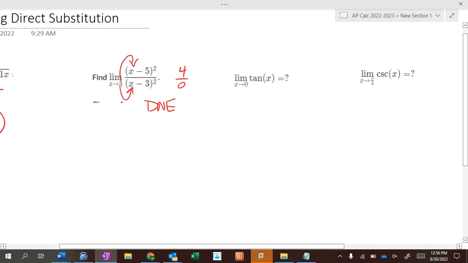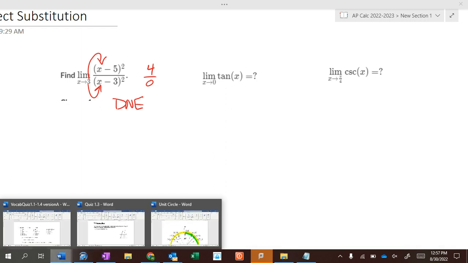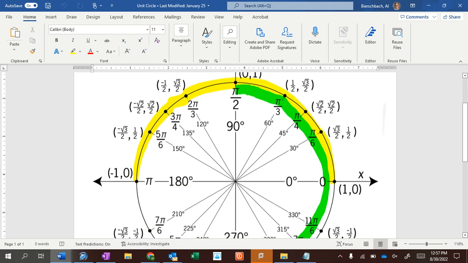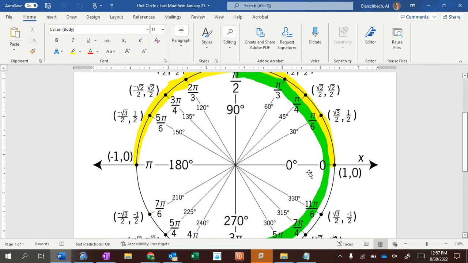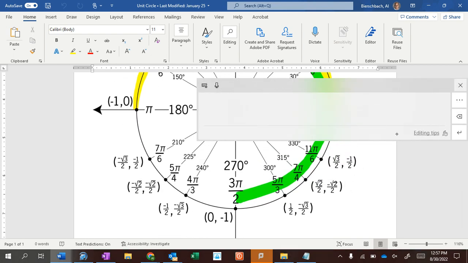Now we're to trig. Okay? So we're looking at this. What's the limit as tangent of x as x approaches 0? So we grab out our unit circles. And so my unit circle is right here. So the tangent at 0. Remember, tangent is sine over cosine.